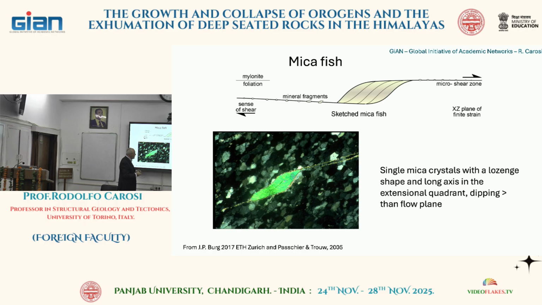Also in the literature, some people use this large porphyroclast to detect the sense of shear, and the sense of shear, of course, is okay, but the age of the shearing is not good because this is previous to the shearing. The minerals that grow contemporary to the shearing are the smaller ones, this one. So you have to use laser ablation to detect the position and to date this crystal, this one.